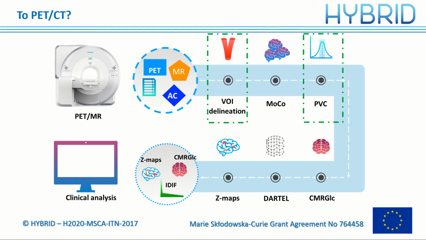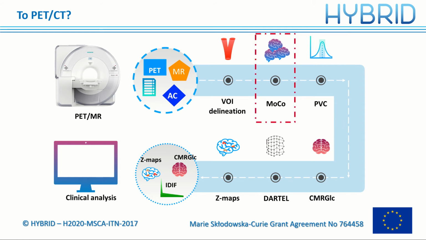The blood pool delineation and the partial volume correction can be performed with a PET-CT and MR protocol without simultaneous PET-MR. The motion correction part of the pipeline is the challenging task to replicate for a PET-CT system. Why? Let's find out.